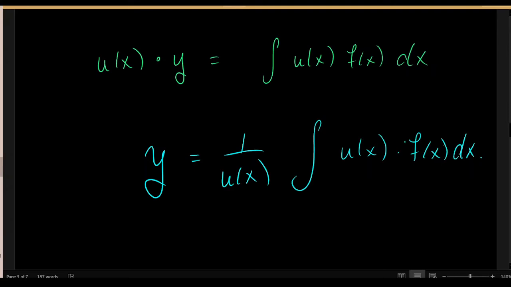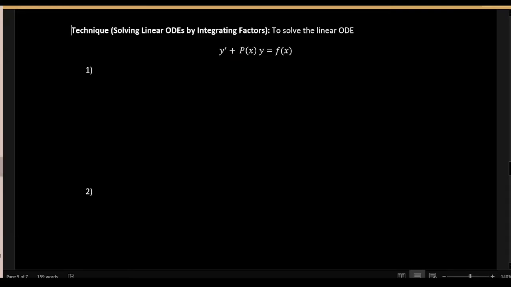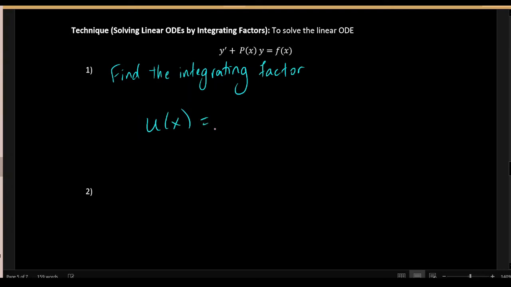So, let's sum up what we just derived. If you want to solve a linear ODE, this is how we do it. The first thing that you want to do is find the so-called integrating factor, which I am calling u of x, and this can be found by taking the antiderivative of p of x and putting it upstairs as an exponent on e.